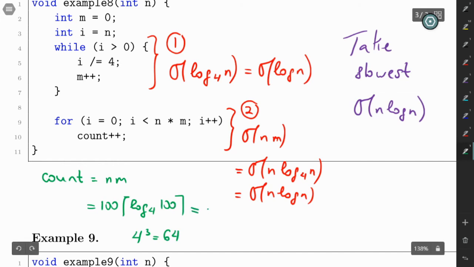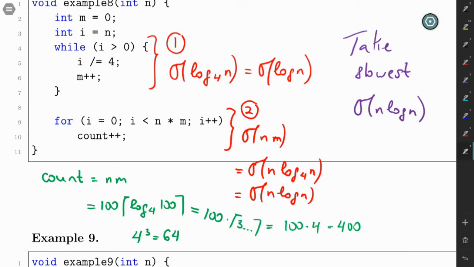So this here is going to be 100 times the ceiling of, sorry, not 4. The power here was 3 point something. Once you round that up, it's going to be 100 times 4, so that's going to be 400. That's what the count is in this case, and the runtime is O of n log n.